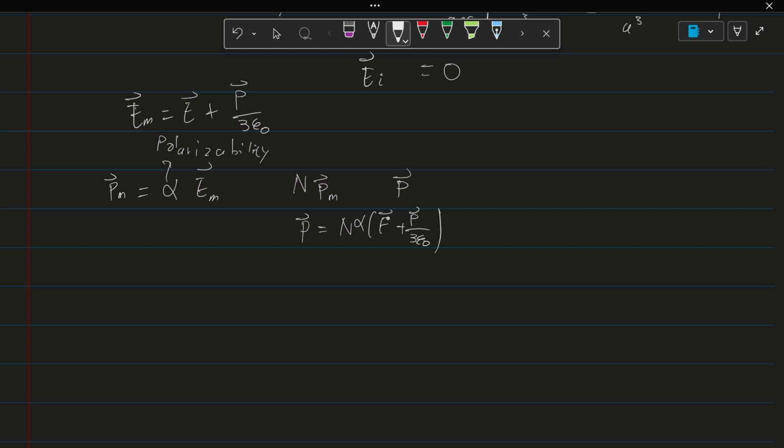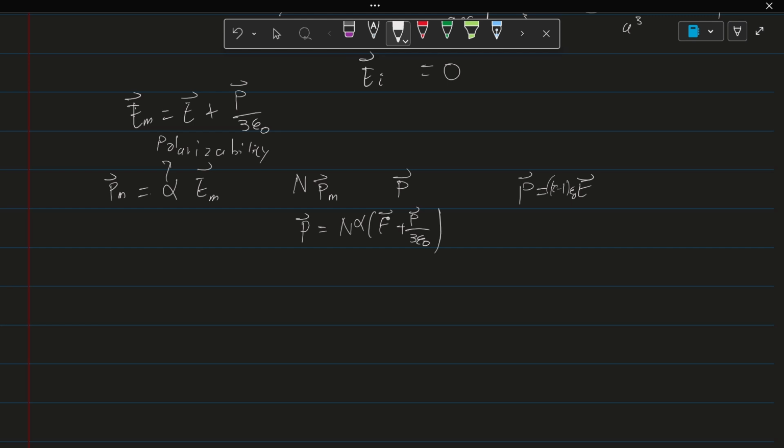Also in here, we assume that the polarization is linear to the electric field, in which you know this to be k minus 1 epsilon 0, or this is also known as the susceptibility.